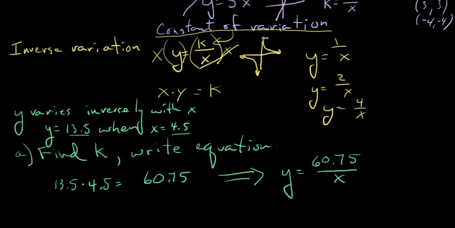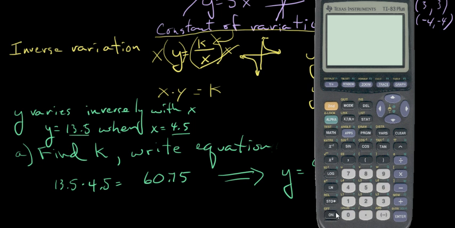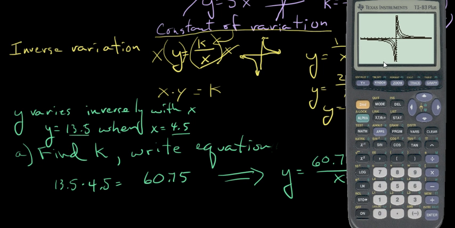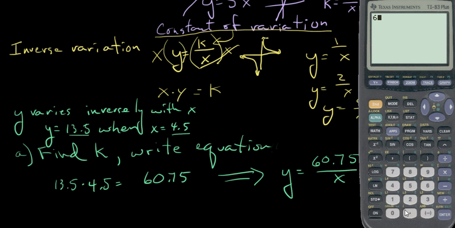And sure enough, if we try this equation, 60.75 over x, with x as 4.5, enter, we have 13.5. Y is 13.5 when x is 4.5.